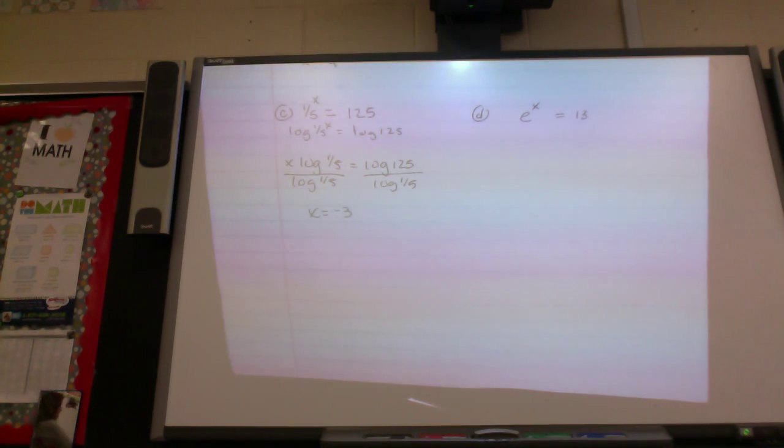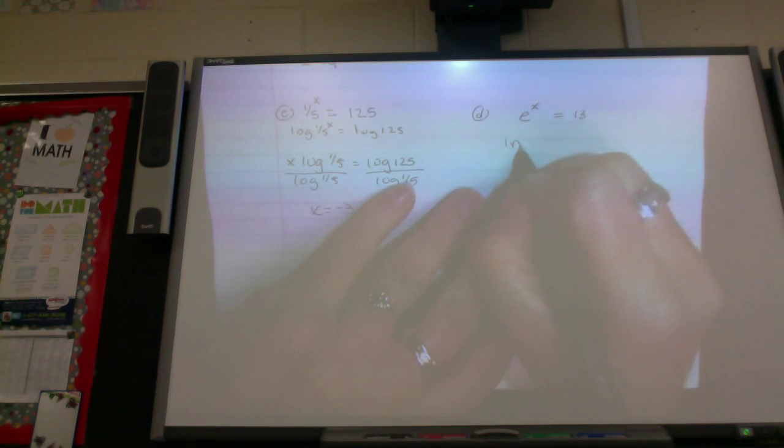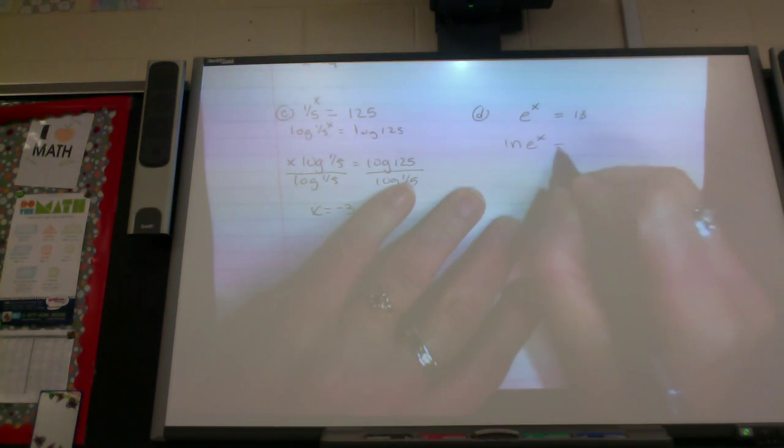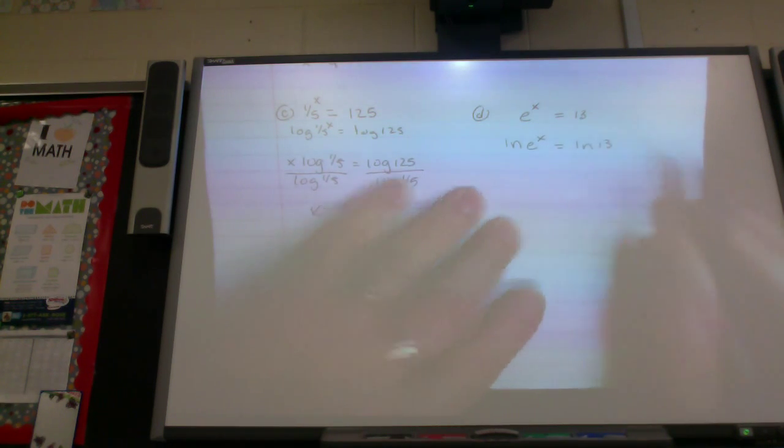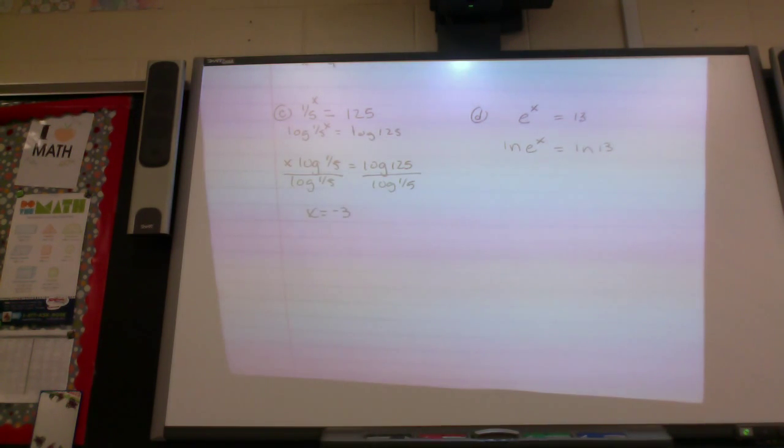All right, what about D? We need to solve for x. And E is that 2.7 blah, blah number. Did you do natural log? Natural log, okay. Now what?